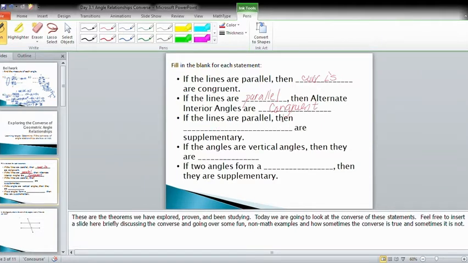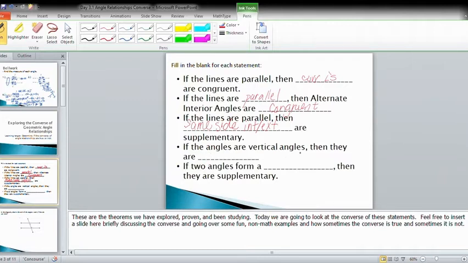If the lines are parallel, then blank are supplementary. Well, which ones are supplementary? We've got same side sup. So either same side interior or same side exterior. They're both going to be supplementary if lines are parallel.